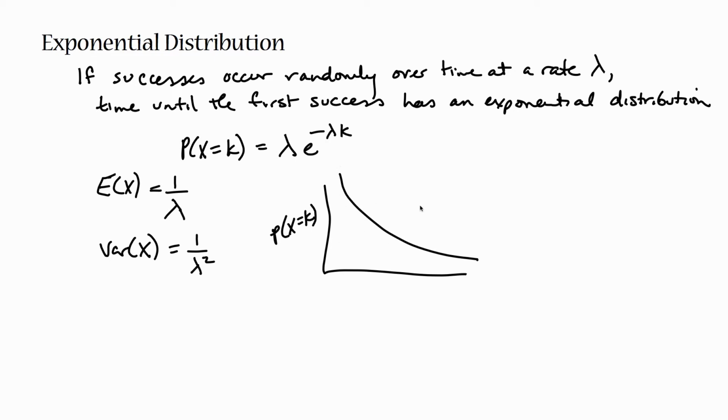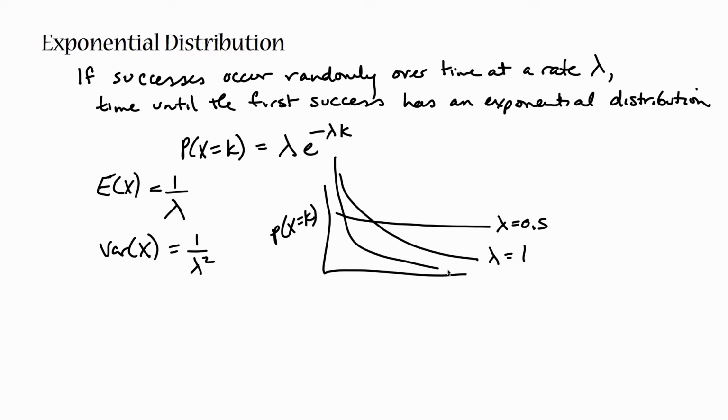And the steepness of this curve, let's say this one is for an event that happens at a rate of 1 per time step. For something that happens less frequently, say lambda's smaller, it's going to have a less steep drop-off, because if at each time it's unlikely to happen, the first one could still happen quite far out in time.